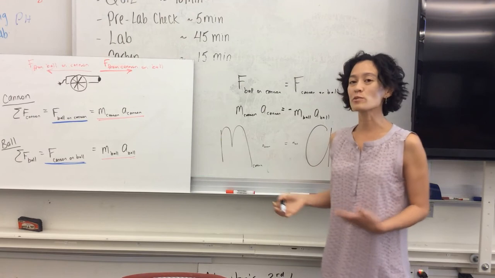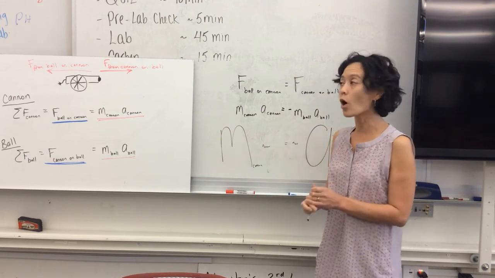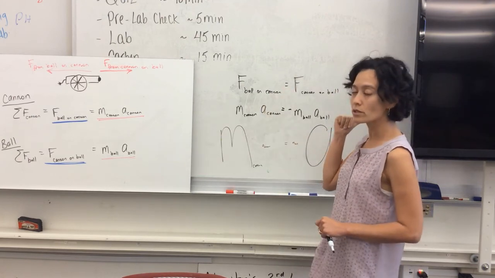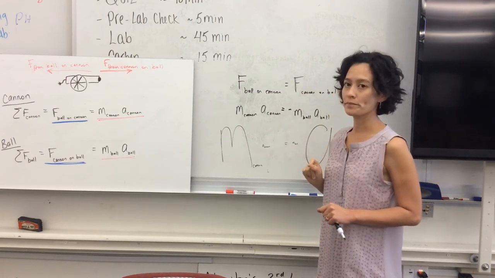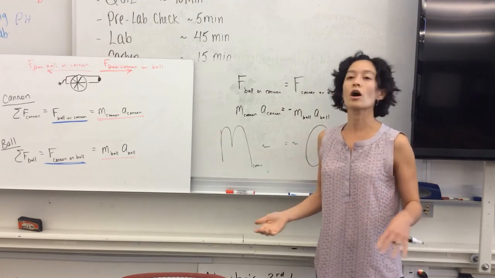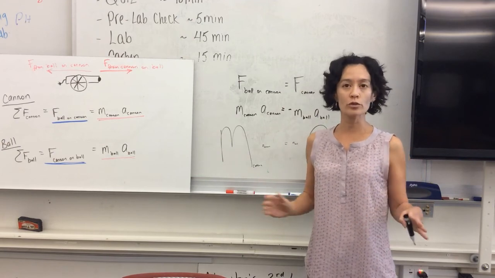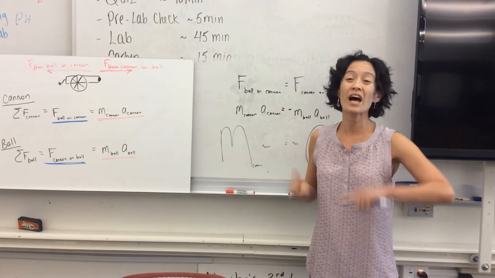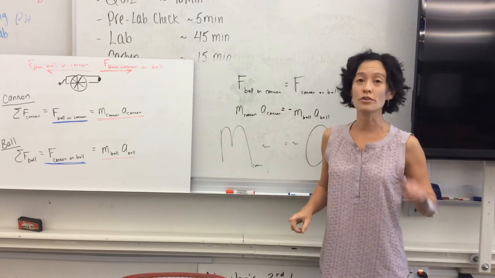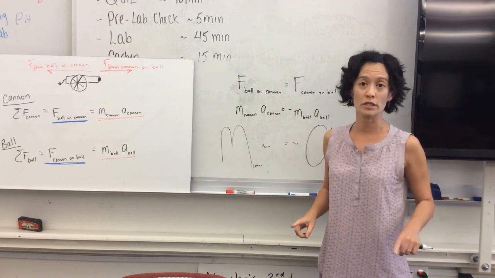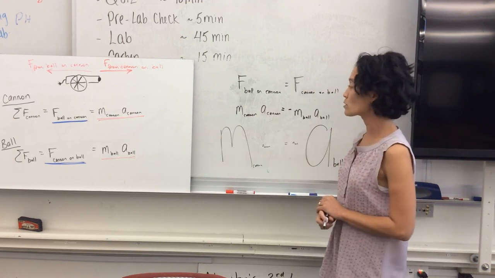And that makes sense. We see that physically play out. We see the ball hugely accelerating to the right, and we see the cannon just accelerating a little bit over to the left. Okay? So Newton's third law, action and reaction forces, they're equal magnitude, opposite direction. They apply to different objects, so their consequences are different according to the specific object. Okay? We'll look at some more examples tomorrow and discuss this.